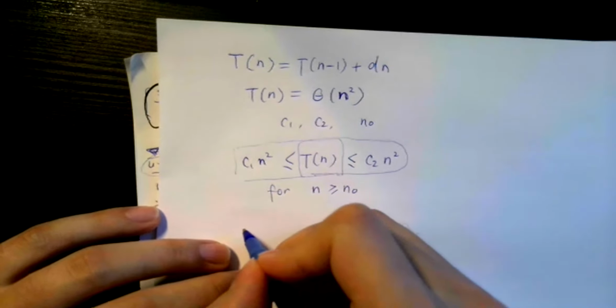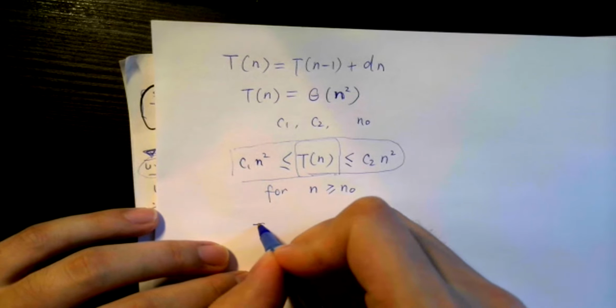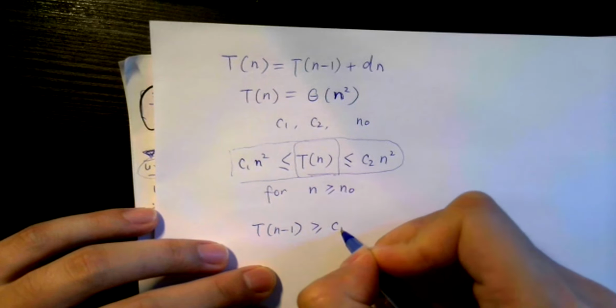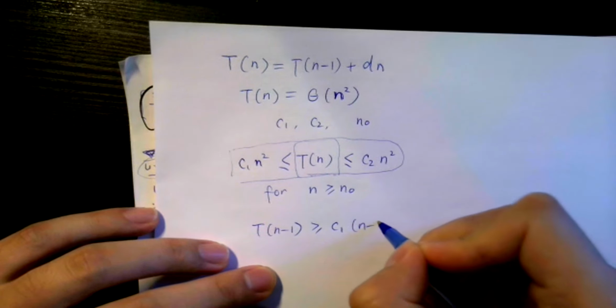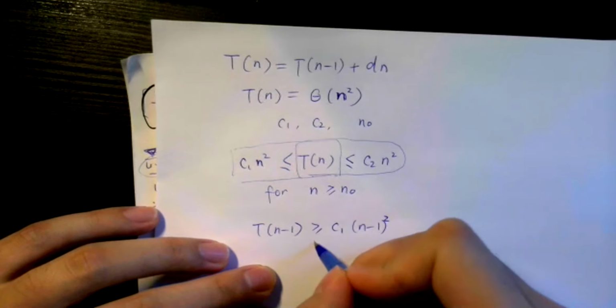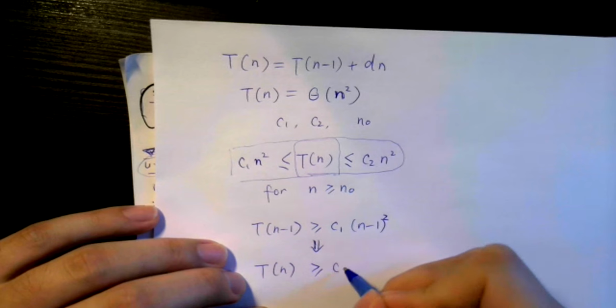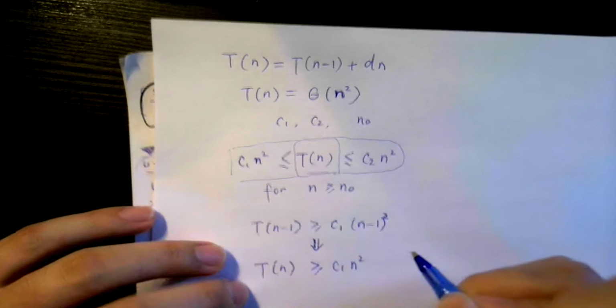We assume that for the smaller case, the lower bound applies, using C1. We want to infer from the smaller case to the larger case, T of n, which should also satisfy C1 times n squared.